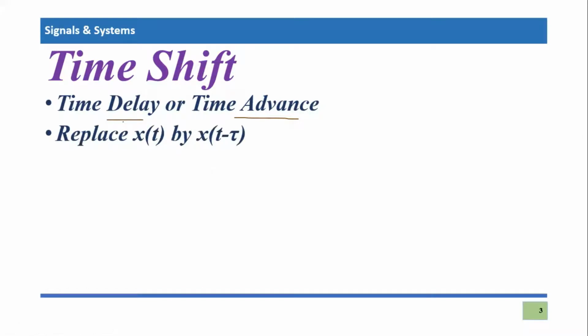In time shift operation, we replace the independent variable, time, with t minus tau. That means time is shifted from its original position by tau units. So this is the number of units by which we are shifting the signal or the time domain.